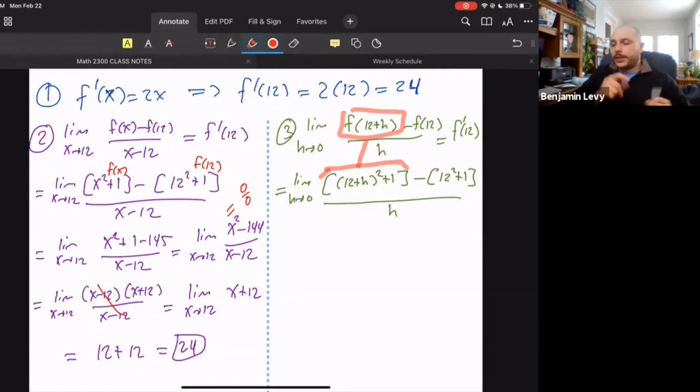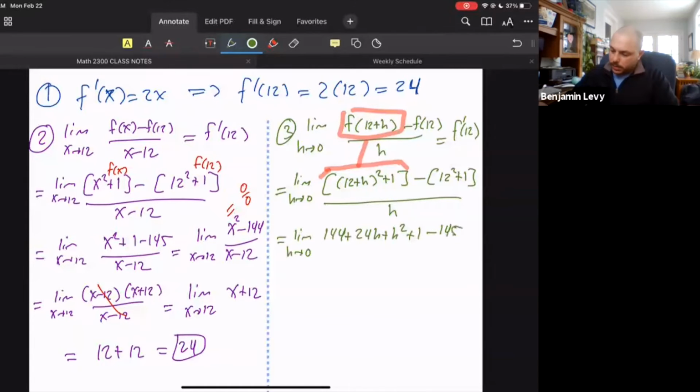And you'll recall very similar things happen as the other one, right? Things cancel. You just do some algebra and you just carefully get to the same answer. So let's just write down that answer real quick. When you square out 12 plus h, you get 144 plus 24h plus h squared. And then lots of nice things happen. Let's just simplify the top first, I guess.